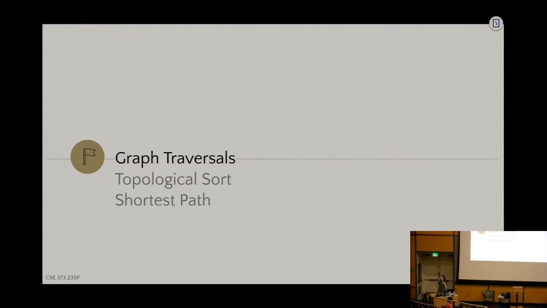And I've been kind of asking you to model things without actually showing you what we can do with the models. But pretty much for the rest of this unit, I am going to be showing you some really cool algorithms that you can apply once you translate your scenario into graph form. It's the source of a lot of interview questions. It's frankly the source of a lot of your favorite software. So let's get into it.